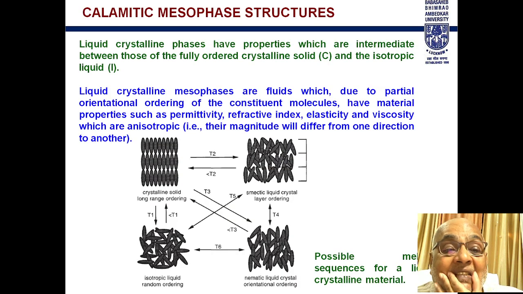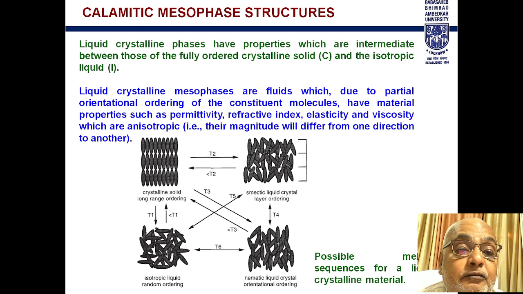Calamitic mesophase structure. Liquid crystalline phases have properties which are intermediate between those of a fully ordered crystalline solid and an isotropic liquid. Liquid crystalline mesophases are fluids which, due to partial orientational order of the constituent molecules, have material properties such as permittivity, refractive index, elasticity, and viscosity which are anisotropic.